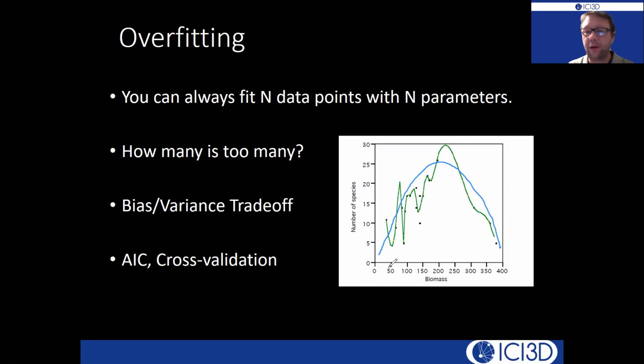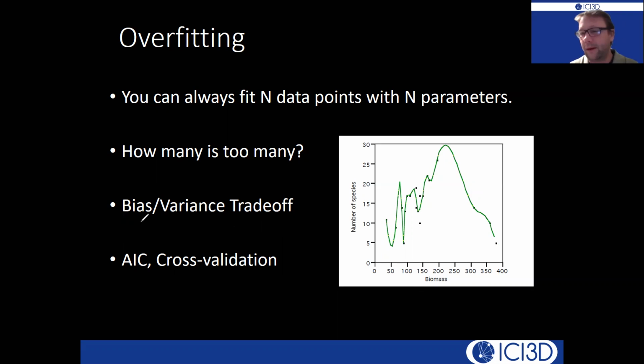So how well would your model do if it was presented with new data that was generated from the same underlying processes? Usually what happens as you add complexity to a model, you start to reduce the bias, but the overall variability in the process increases.